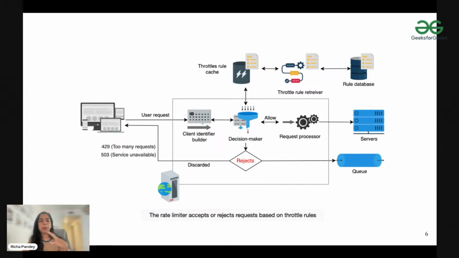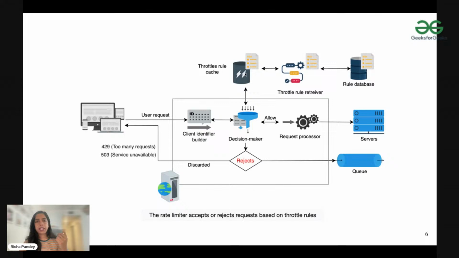The rules can be based on, let's say, a business level. If Uber wants to integrate with Google Maps, they will obviously have more quota than if an individual user wants to access it. So all of those different rules can be added and can be found here. They'll be stored in this database.